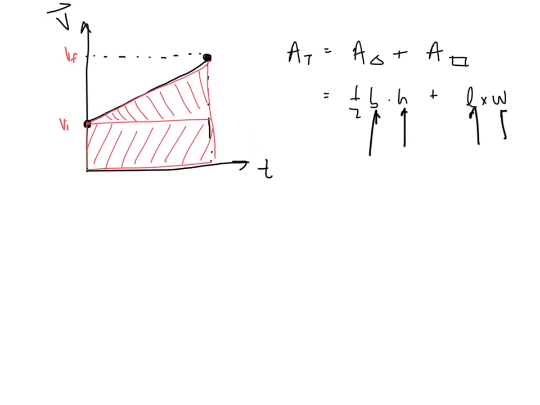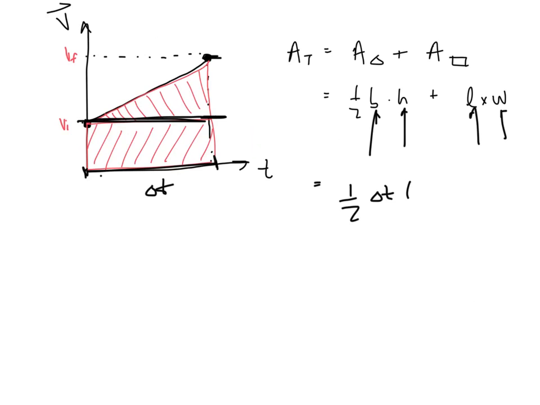So if I was going to rewrite this equation using our variables from the graph, I see that the base of the triangle, well, that's right here, and that is just the amount of time that this thing was traveling for. That's the delta t. So I'm going to instead write the area of the triangle as 1/2 delta t, and I know that the height of the triangle goes from here, which is vi, up to here, which is vf.